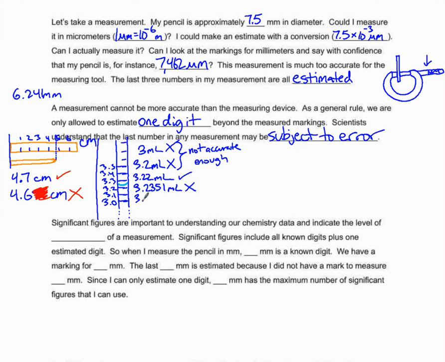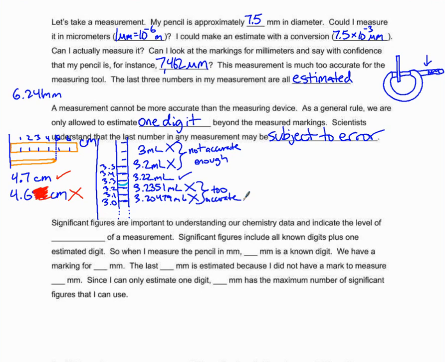Or your lab partner says something crazy like 3.20479 milliliters, to which you say, no. We have a line for this, we have a line for the 0.2, this is estimated, and everything else is no good. So these measurements are too accurate for our device.